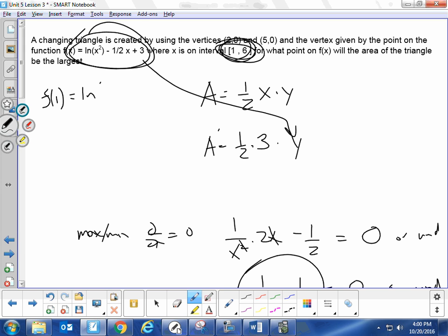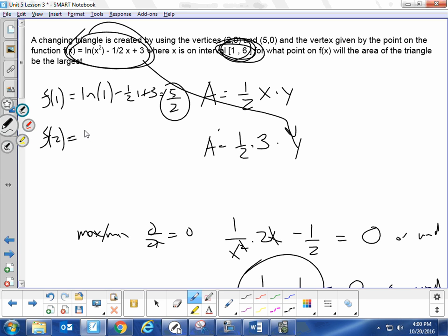I have the log of 1 minus 1/2 times 1 plus 3. Log of 1 is 0, so negative 1/2 plus 3 is 5/2, 2.5. Okay, so let's check 2. I know it's going to be bigger than 5/2.